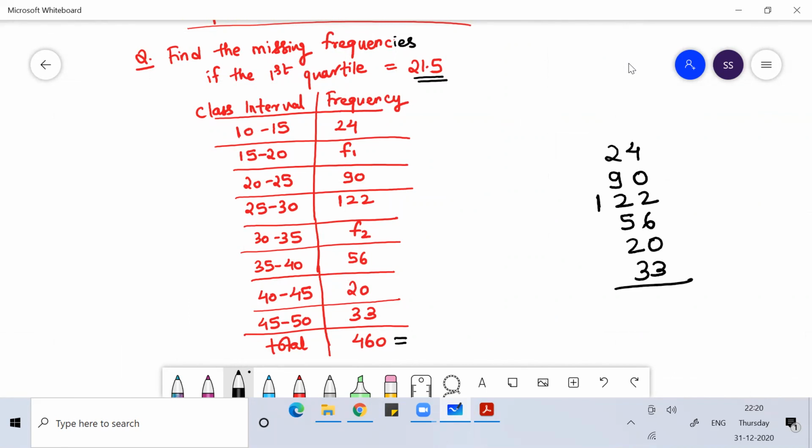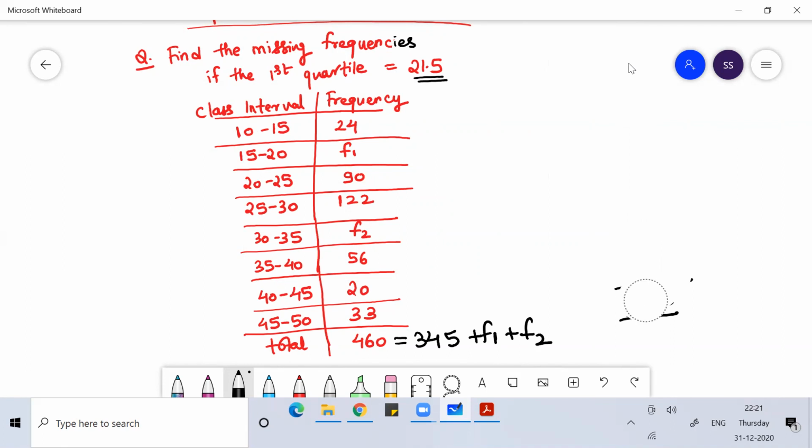If I do the sum of this, it is 6, 12, 15, 1 carry. So you have 12, 14, 19, 21, 24, 2 carry, 345. So the sum of this is 345 plus F1 plus F2.